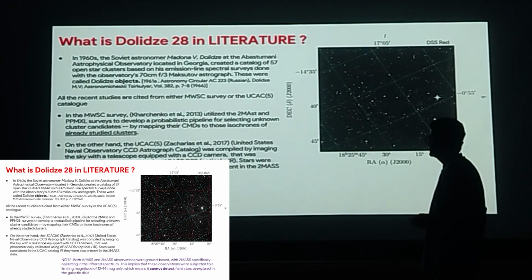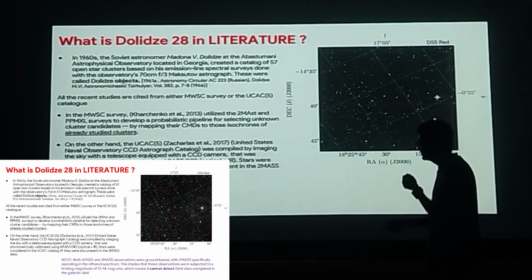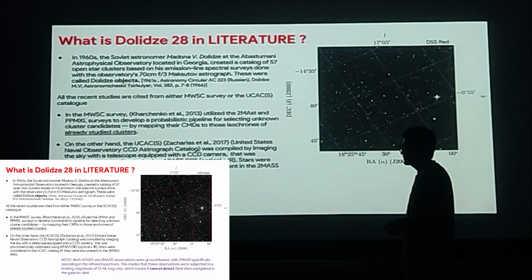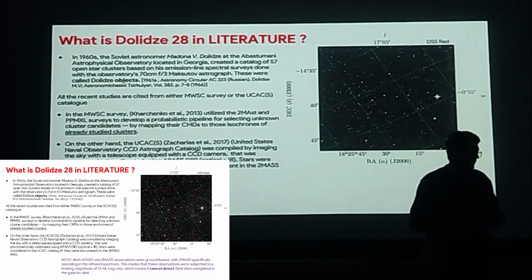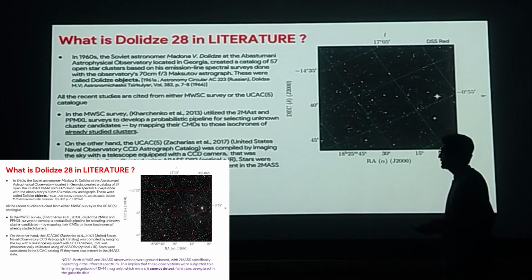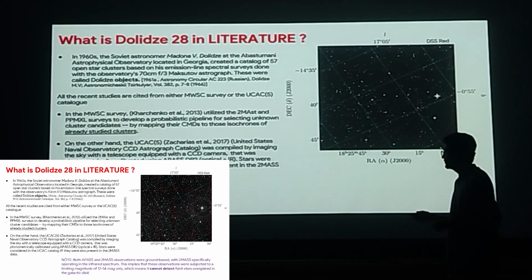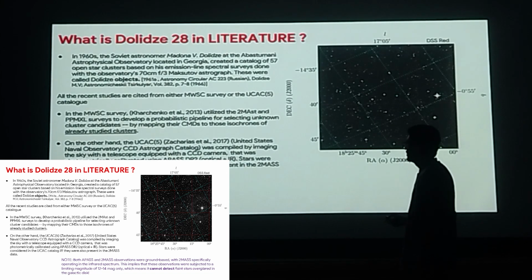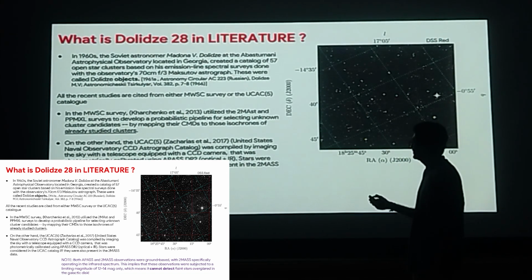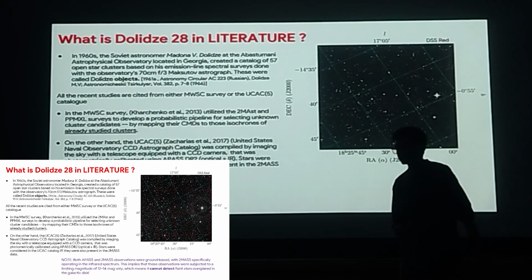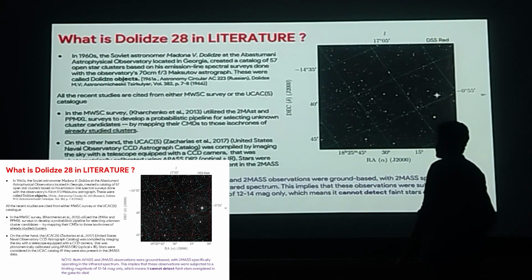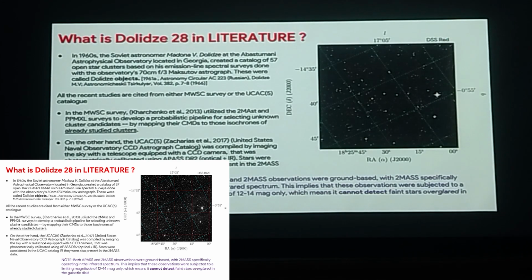On the other hand, the UCSC 5 catalog again was from a ground-based astrograph, which was calibrated using APASS DR9 data. And keep in mind that it's also ground-based. Stars were considered in this catalog if and only if they are also present in the 2MASS observations. So an important thing to note is that both APASS and 2MASS were ground-based.